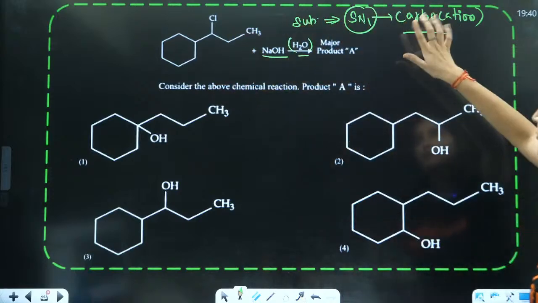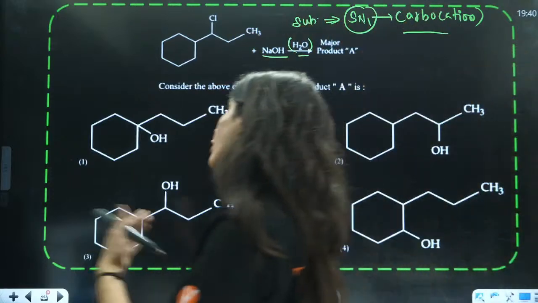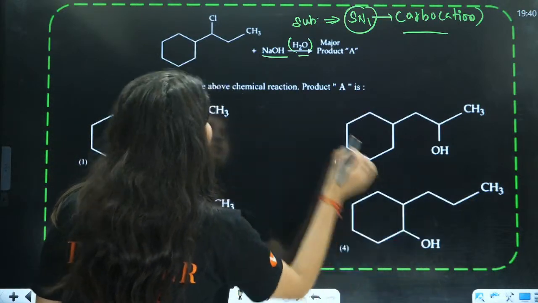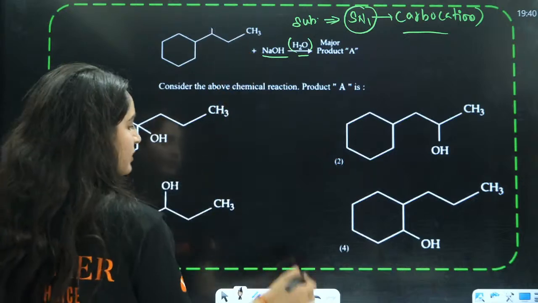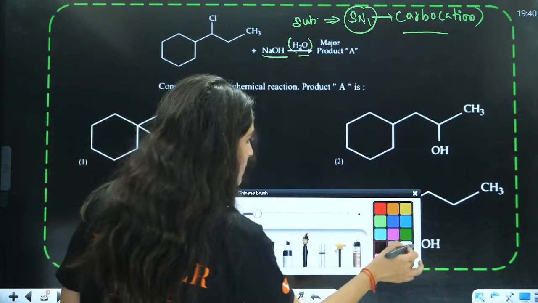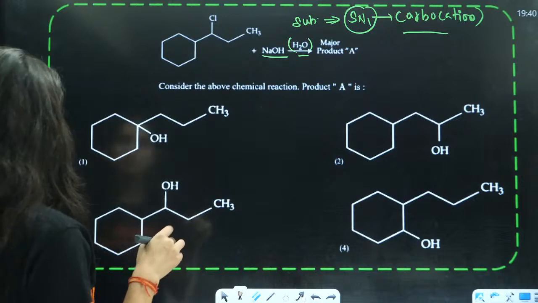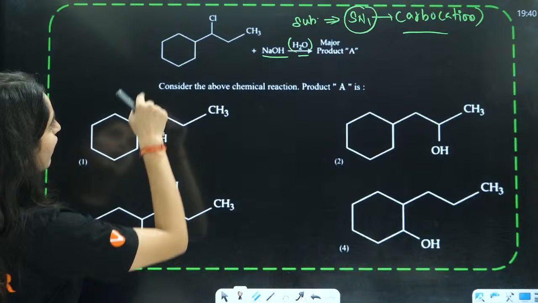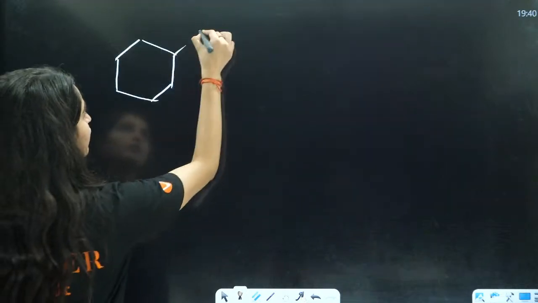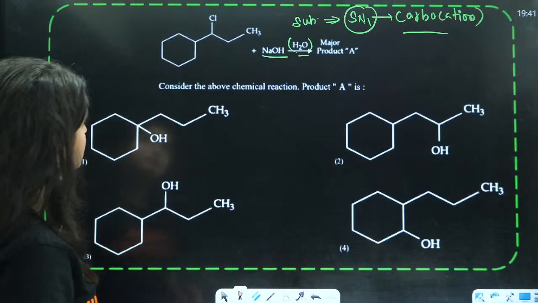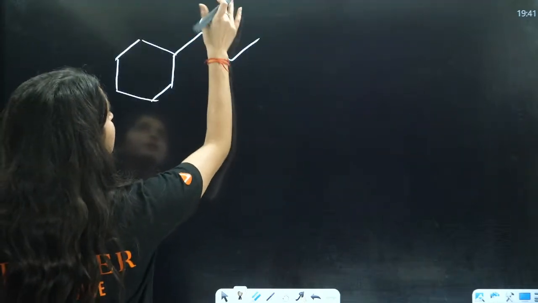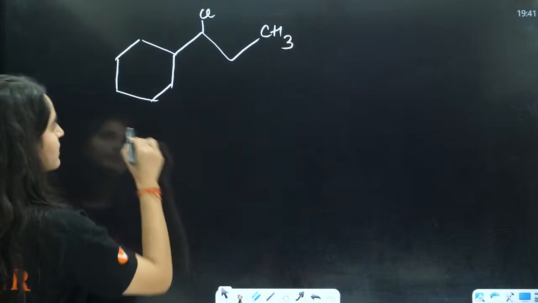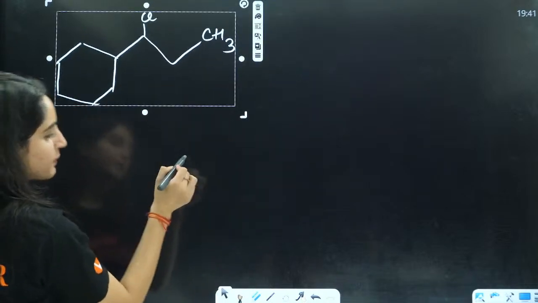That is why it will take part by SN1 reaction, that is by the formation of carbocation. Now, which carbocation will be formed here? I can write it on the next page as well. This is cyclo, then you have 1, 2, 3, 1, 2, 3. This is Cl and CH3.